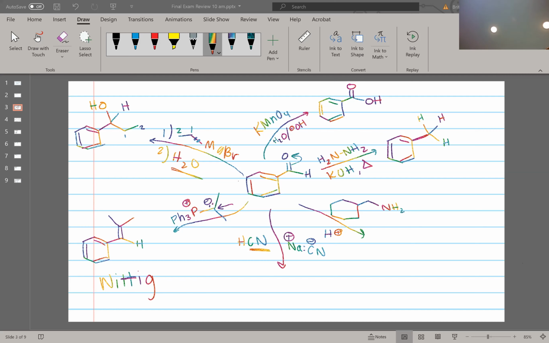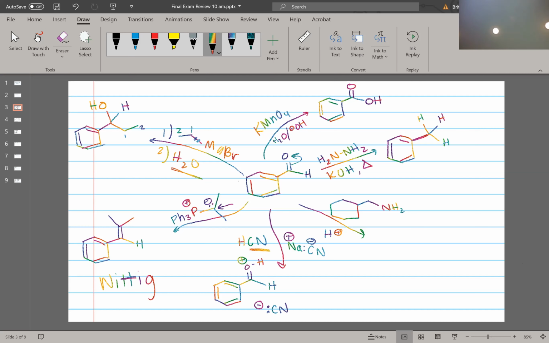So in the first step, we would end up protonating the aldehyde. And then what would happen with the cyanide? I know I haven't been drawing out mechanisms, but let's say we have this protonated aldehyde, and we also have cyanide.